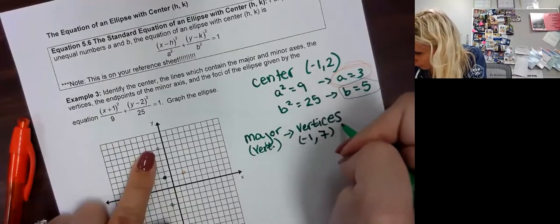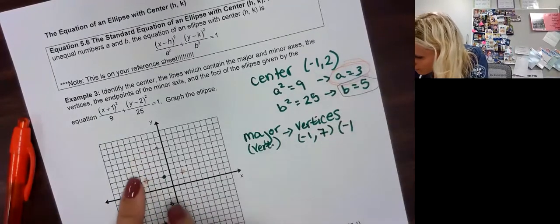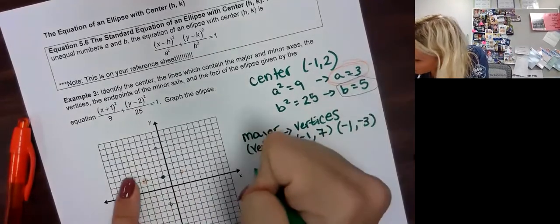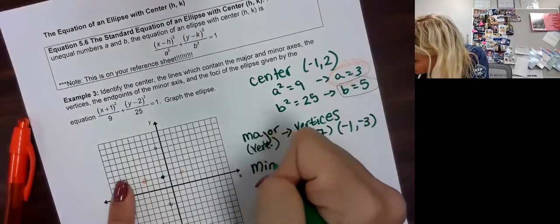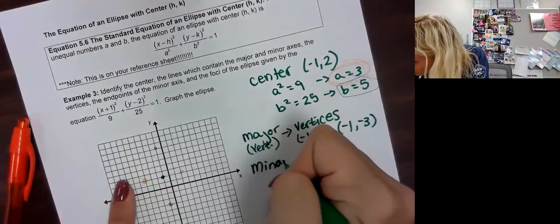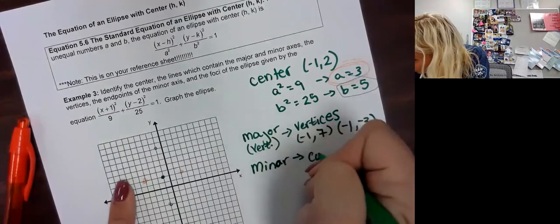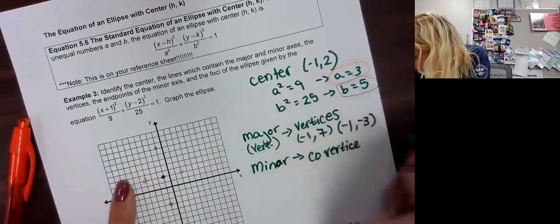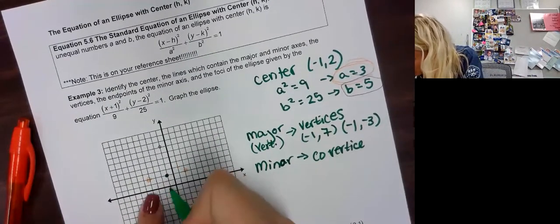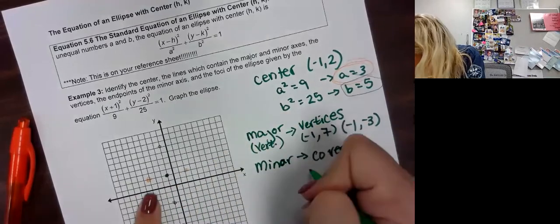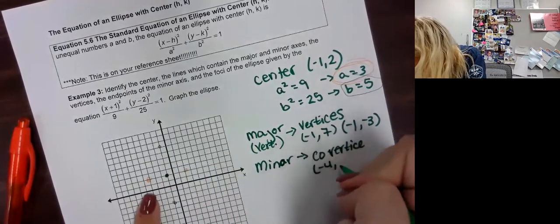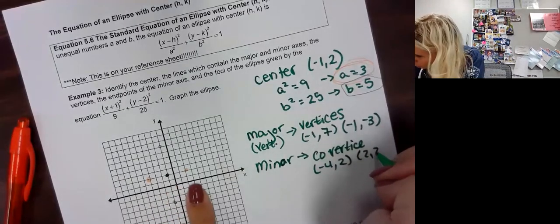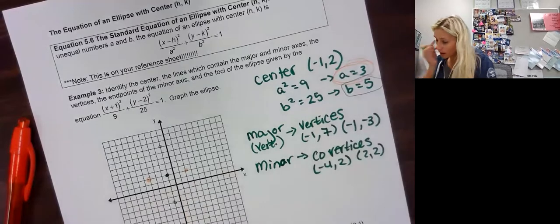And then the other vertex is -1, -3. The minor axis, which is our co-vertices, is going to be 1, 2, 3, 4: -4, 2 and 2, 2. All right, got that.